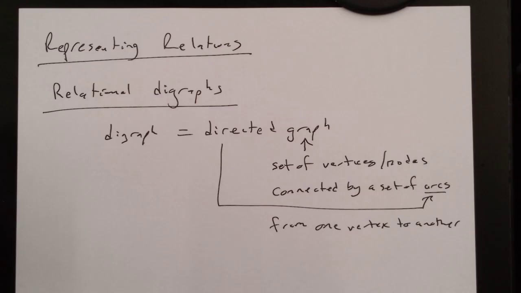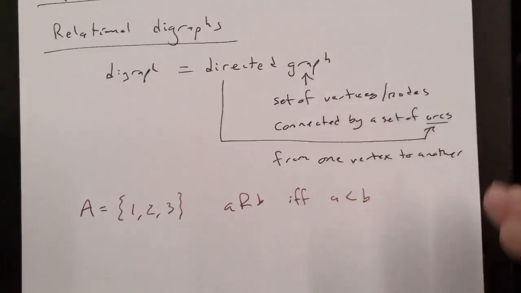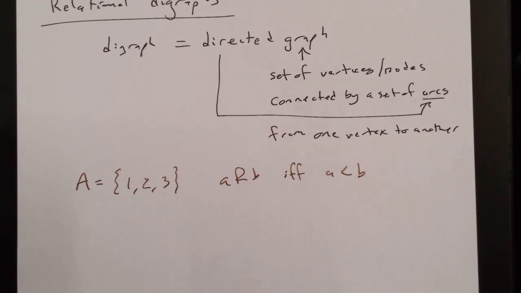If I have a set of objects, and I'm talking about a relation on that set, I'll make a nice short set to work with. My set is just 1, 2, 3.